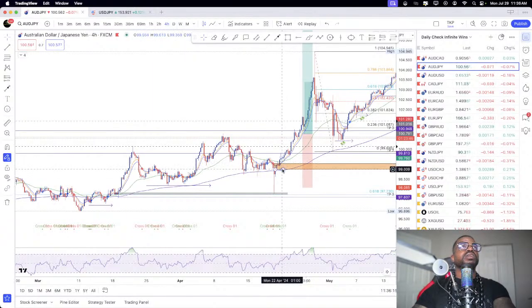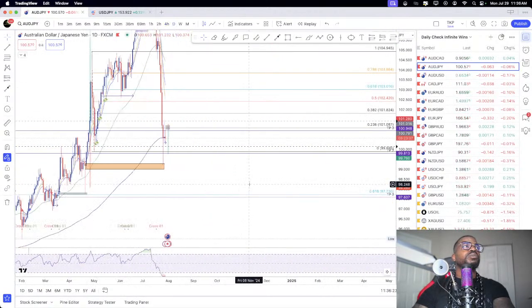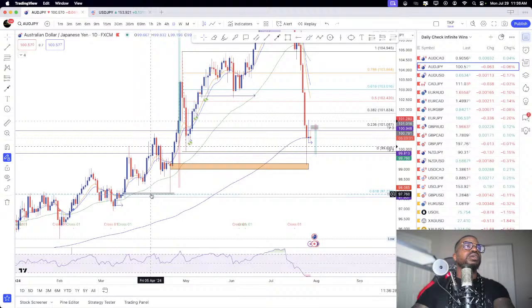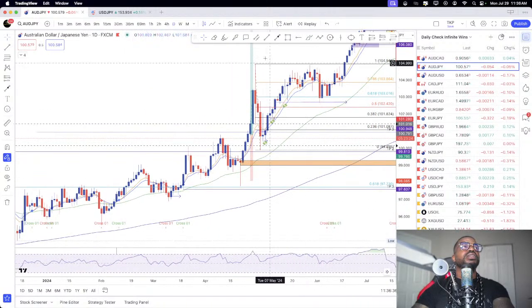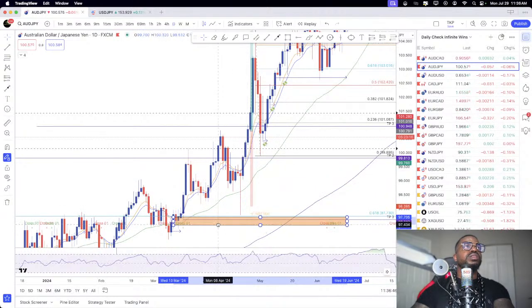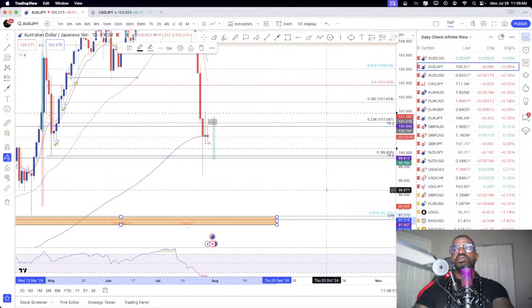Let's see. With this level being hit already, we may need to go to a higher time frame. This is the area we actually use to find this buy. Let's see if we can get a retest of this 618.